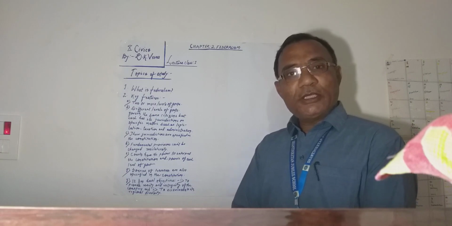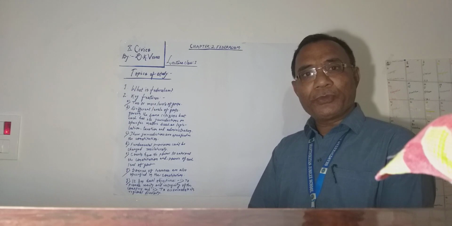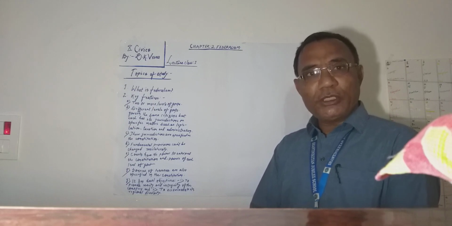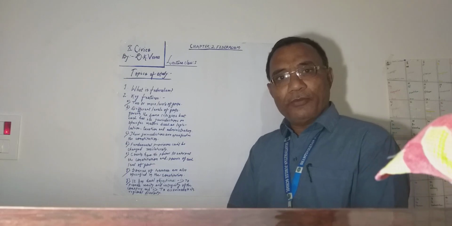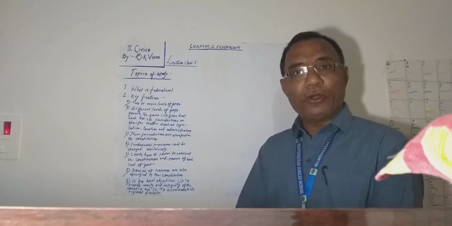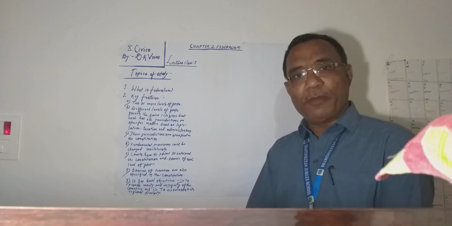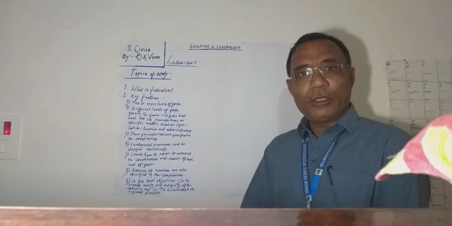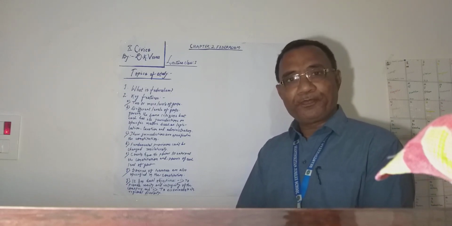Students, it is quite clear that we are under democracy, and whenever we think about democracy, we think about powers. We think about division of powers. We think about two or more levels of the government.